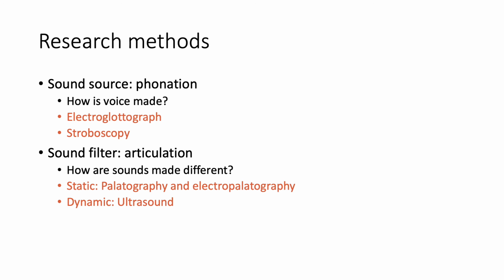For that, we can use palatography and electropalatography and linguography to see the amount and the place of contact during a constriction between the tongue and the palate. Or we can use the dynamic tracking of the tongue through ultrasound imaging so that we can track its movement. And those are all the research methods for today.